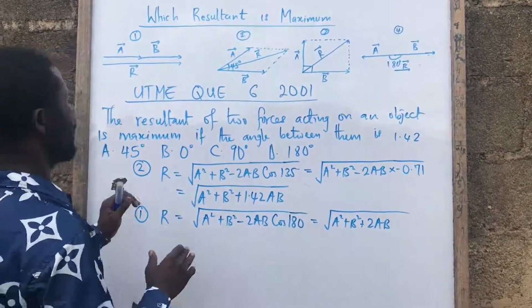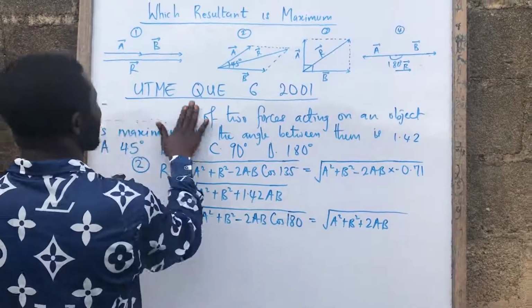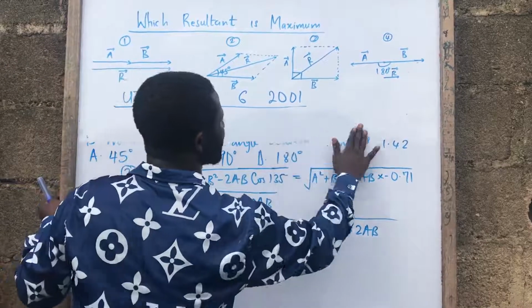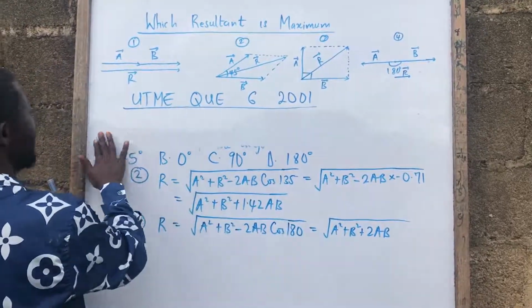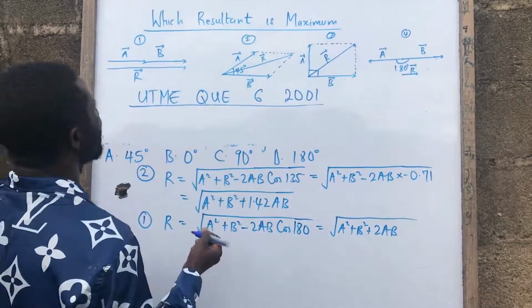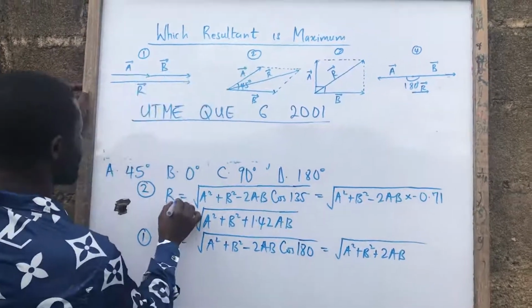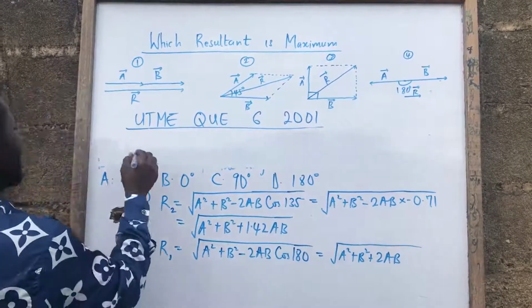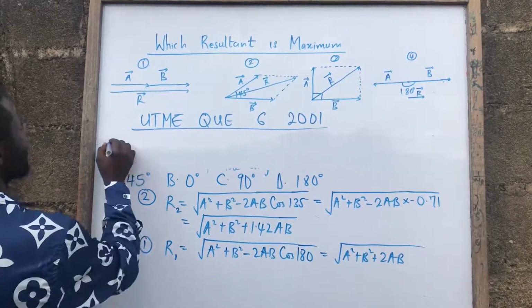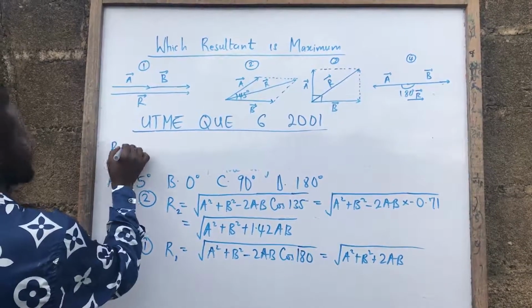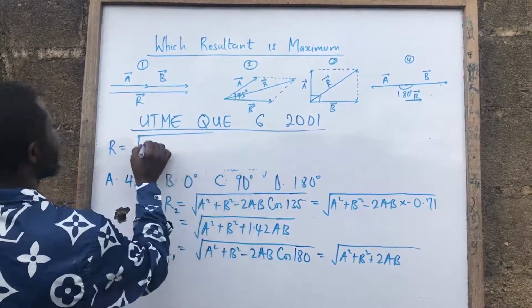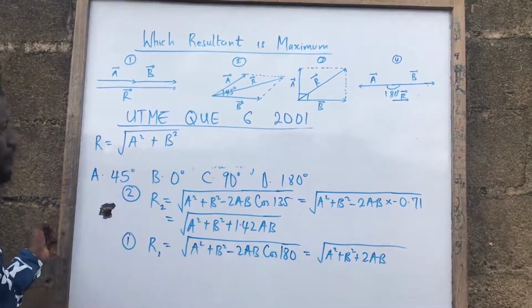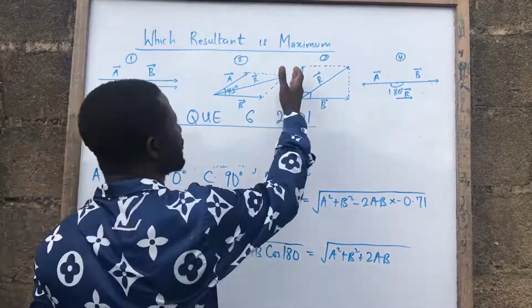Now, we have that for all of this. Let me clean these parts and then use this part for other solutions. So this is for 2 and this is for 1. For 3, I'm going to have R is equal to square root of A square plus B square, since we have a right angle triangle.